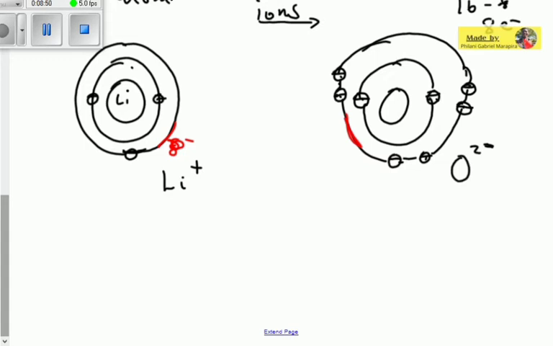Here for lithium, there is only 1 electron, this electron in the second shell. For lithium to have a stable structure, it has to lose this electron so that it remains with only 2 electrons. So this is basically the lithium ion. This is the lithium.